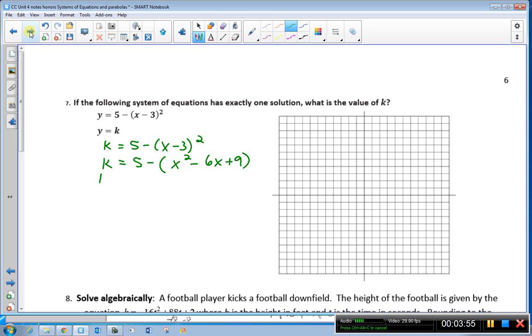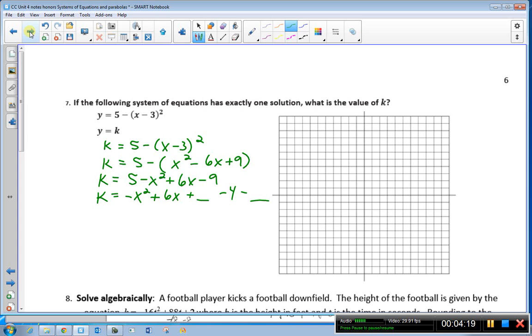If you FOIL that, it's 5 minus x squared plus 6x minus 9, so it's negative x squared plus 6x minus 4. So I'm going to do that, and so I can get the graph of this.